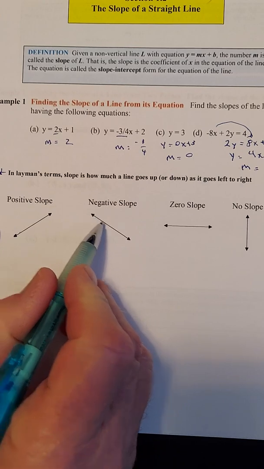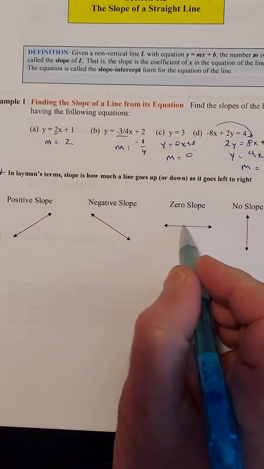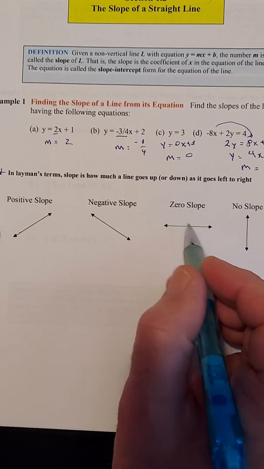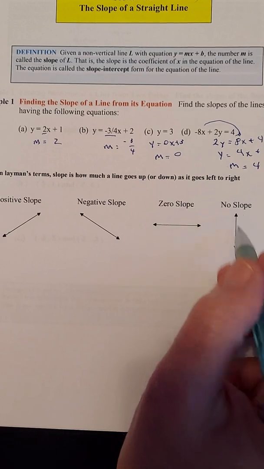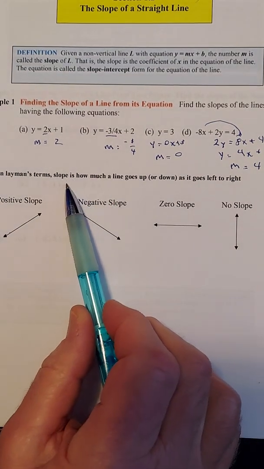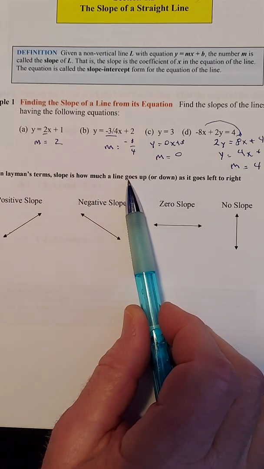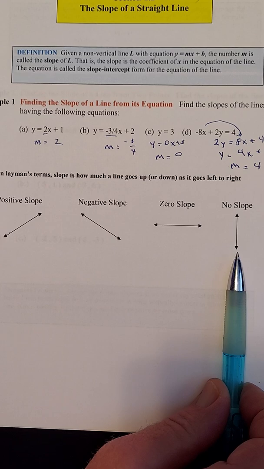If it's going down, that's negative slope. Here you've got a line that doesn't do either one. It doesn't go up or down, so that's 0 slope. And then a line that goes straight up and down, well, that doesn't have slope. If you go back to my definition, it's how much a line goes up or down as you go left or right. This line doesn't go left or right, so it does not have a slope.